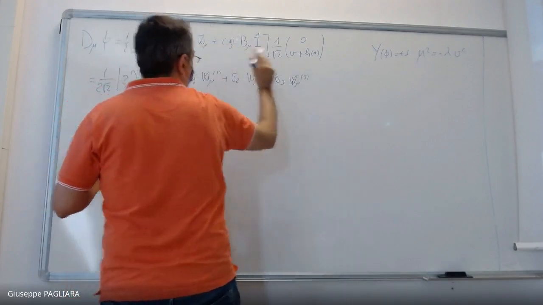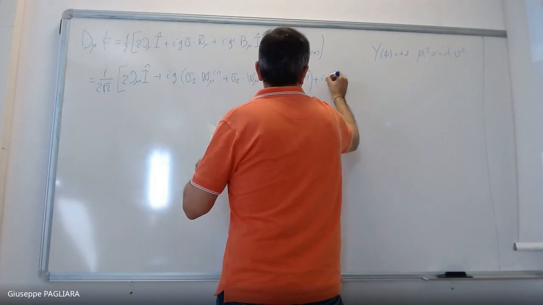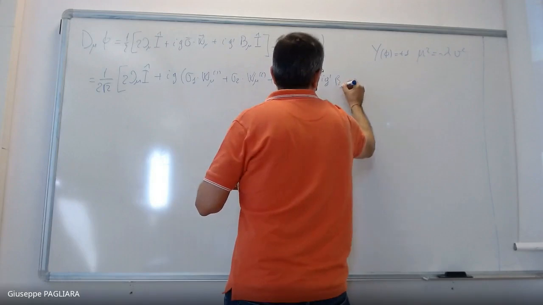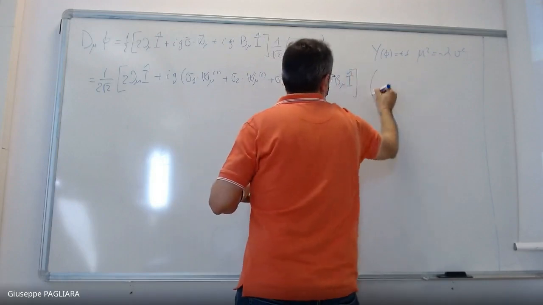Now we have the last one, g prime. Then we have the B mu, just multiplying the identity matrix. And then we have our Higgs field.